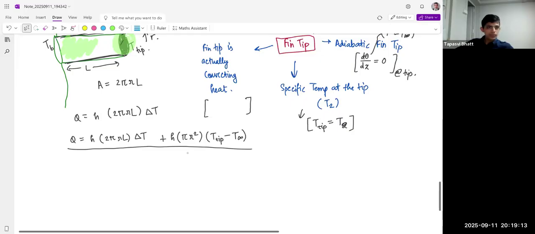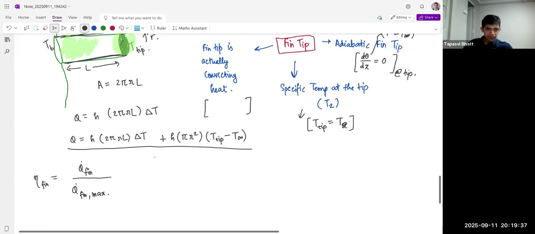Okay, so what's the efficiency of a fin? Efficiency of fin is q dot fin over q dot fin max. So what is q dot fin and what is q dot fin max?